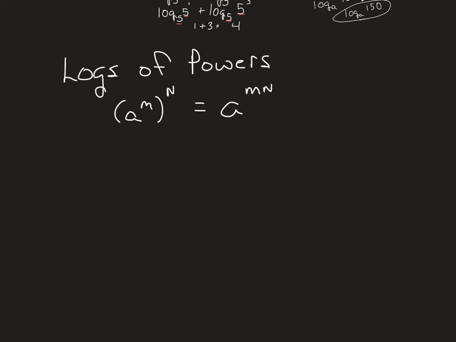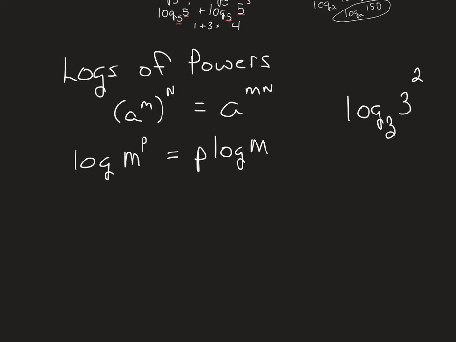So if I have the log of m to the p power, I can simplify this by moving the p to the front, p times the log of m. And we can see how that worked when we had the log base 3 of 3 squared. Well, if I simplify, that becomes twice the log base 3 of 3, which is simply 1.